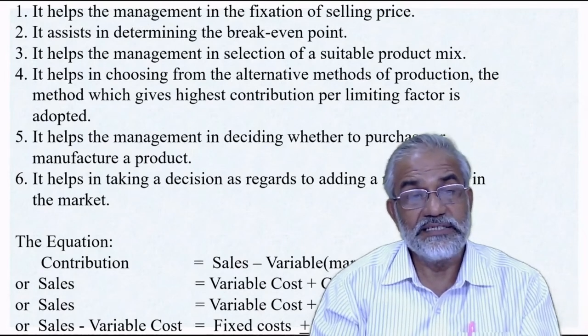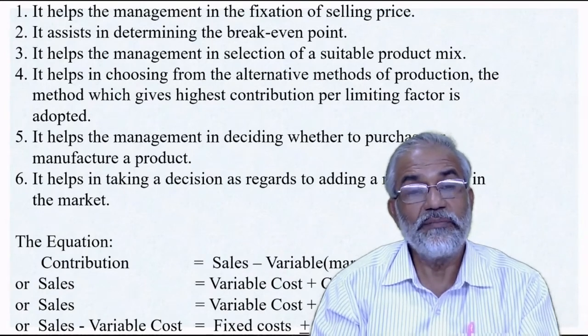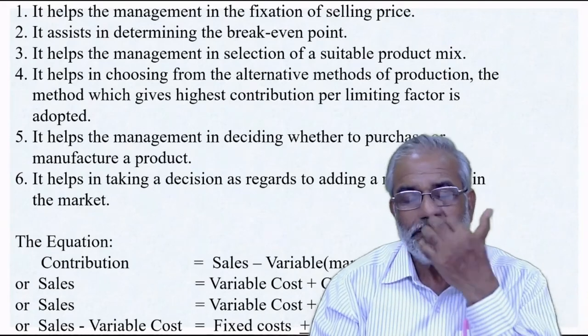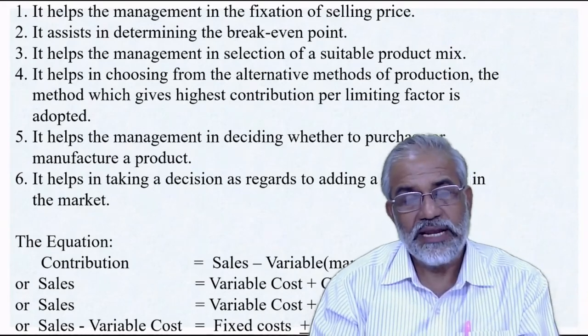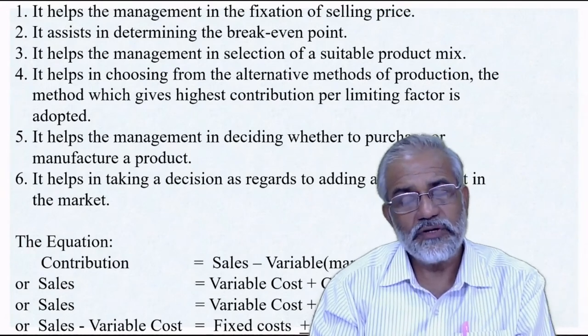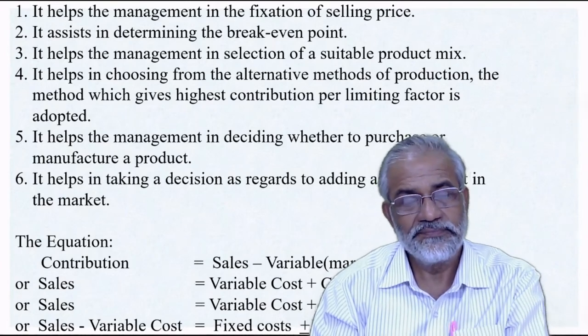The fifth advantage is that it helps the management in deciding whether to purchase or manufacture a product. Suppose there is a main product of the organization and there are certain auxiliary products. The main product will obviously be produced in the organization. Take the example of a TV.